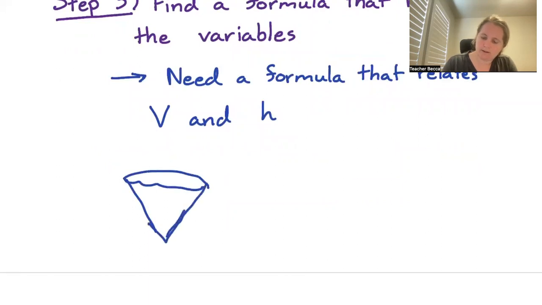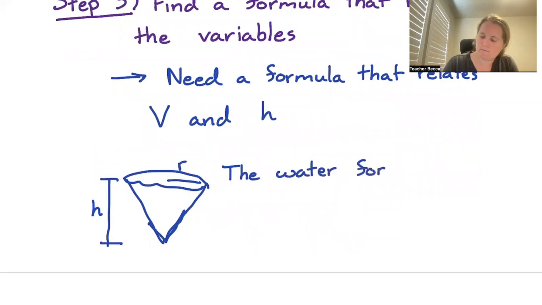of height h and radius r. So the water forms a cone, and so we can use the volume of a cone.